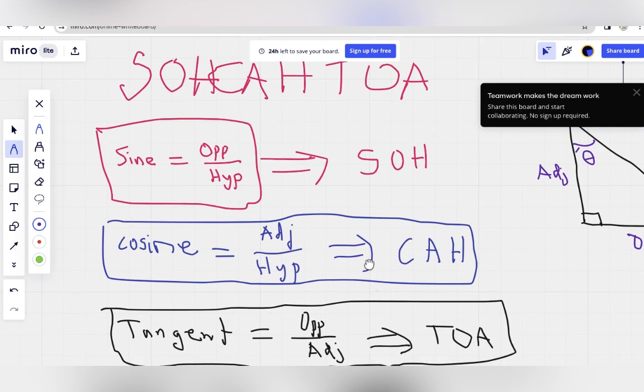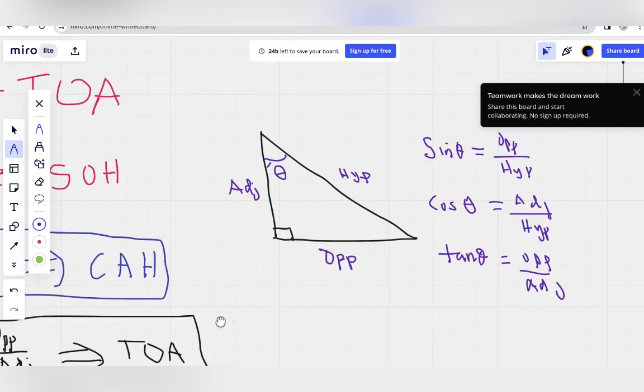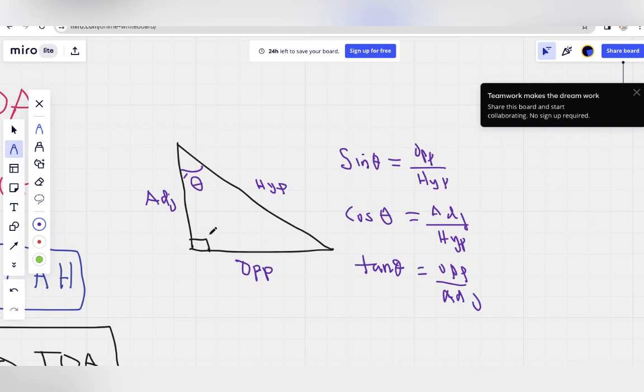And TOA: tangent is opposite over adjacent. We've drawn a right angle triangle. When you're dealing with SOHCAHTOA, you must have a right angle triangle, meaning you must have angle 90. If you don't have angle 90, we're not going to use SOHCAHTOA.